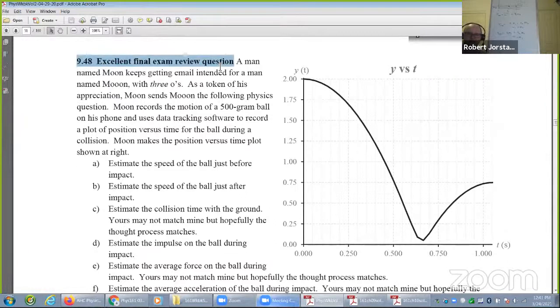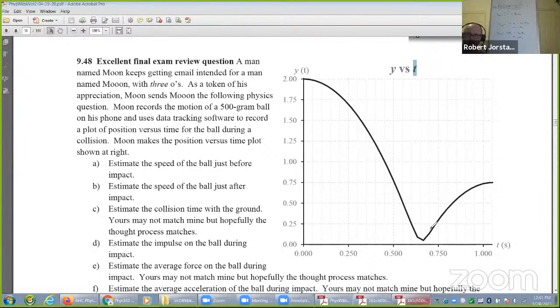If you look at this one, why is this a good problem? We have a graph you have to read. That's always good. And so from that, we know that if it's a YT graph, speeds relate to the slope. Now notice if the ball bounces, it hits the ground. There's a collision. From that, you could get the momentum before and the momentum after, and you could find out the force.